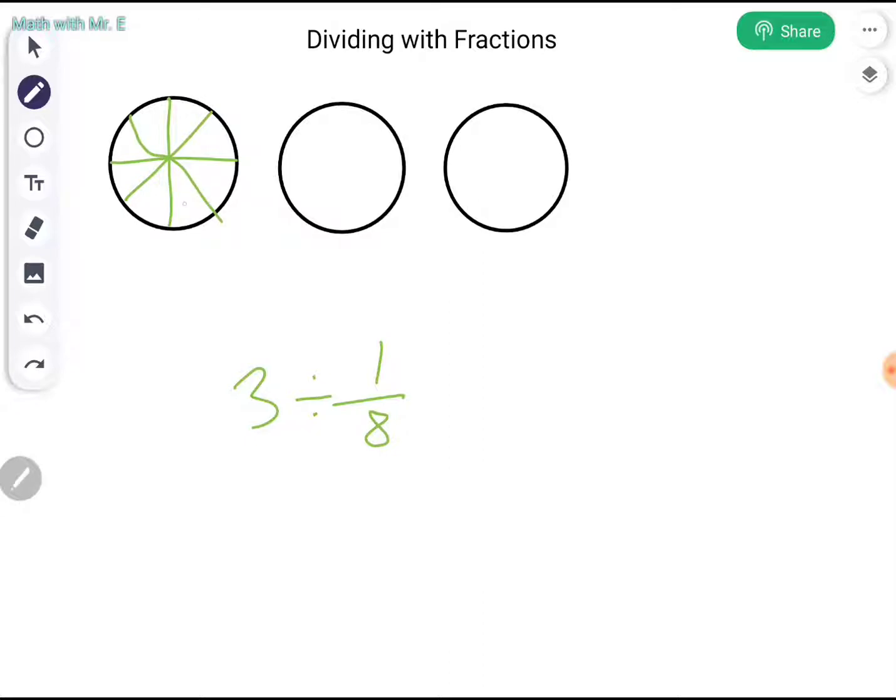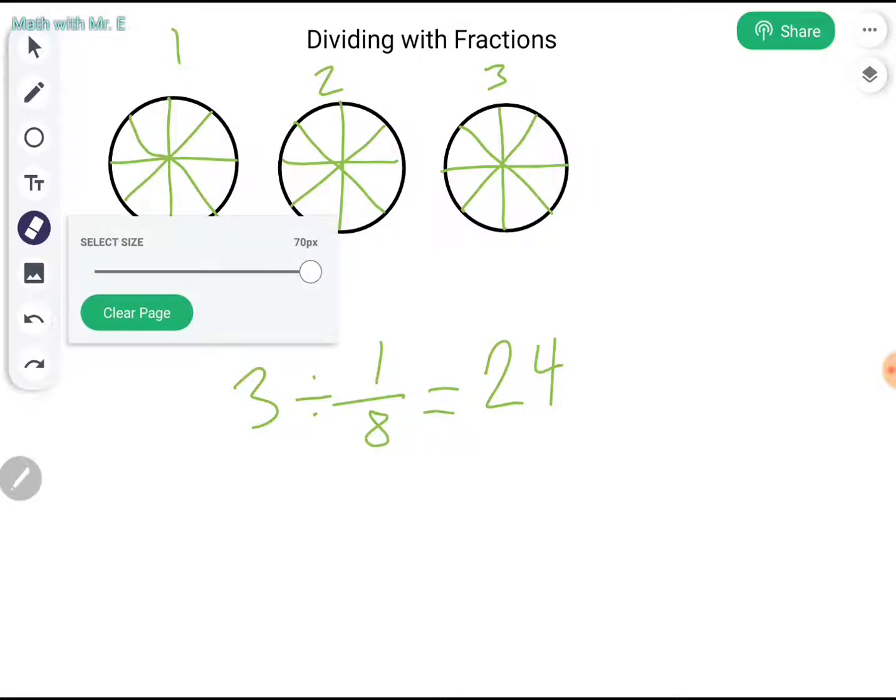You can see here that's 8 eighths in one whole. That's 16 eighths in two wholes. And 8 more would make 24 eighths in 3 wholes. So the answer to 3 divided by 1/8, as confusing or weird as it may seem, is actually 24, because there are 24 1/8s in 3.